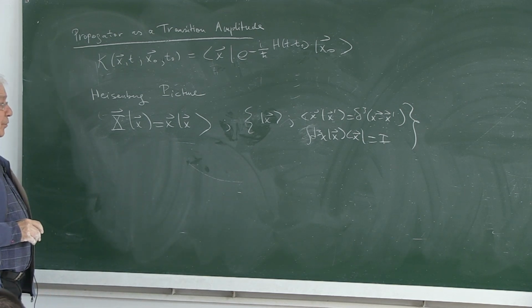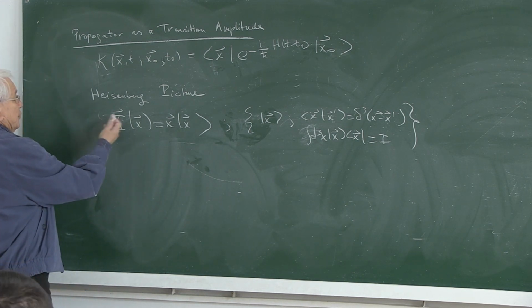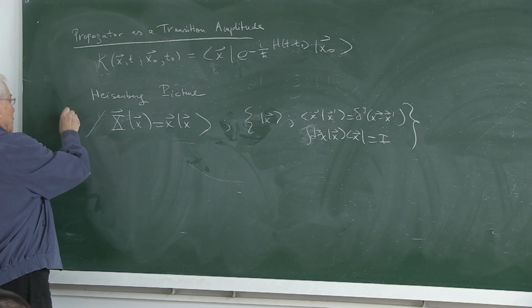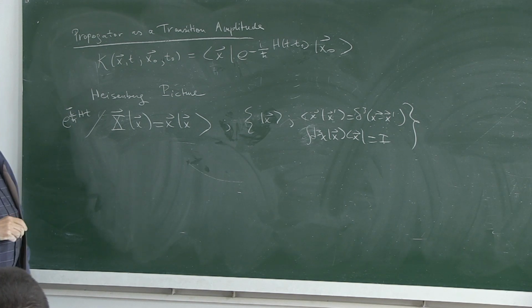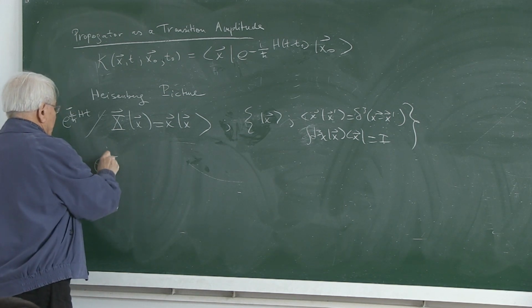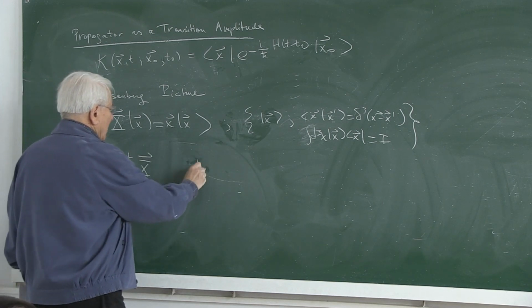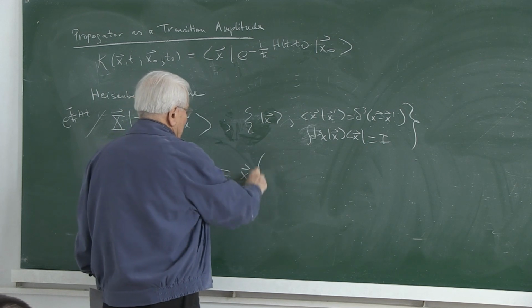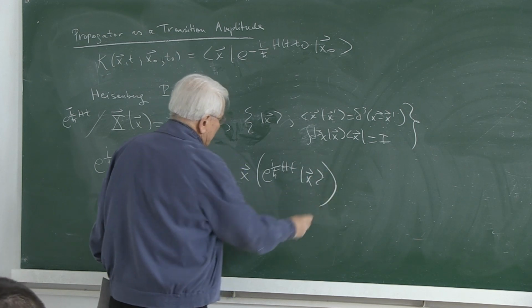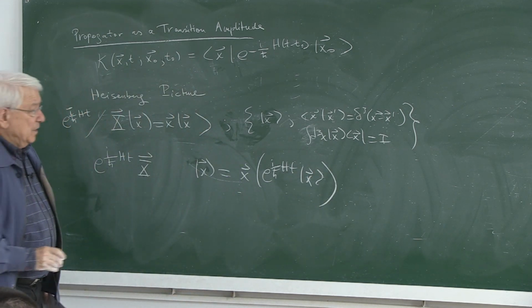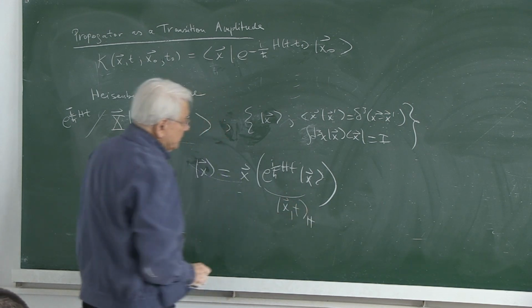The capital letter stands for the operator. How do I go from Schrödinger to Heisenberg? I multiply this with e to the i over ħ Ht, right? Then what do I have? The right-hand side is already done, because that is x(t) in the Heisenberg picture.